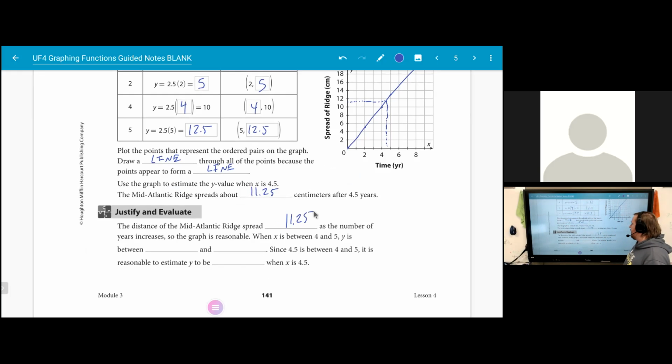Absolutely, it's reasonable because x is somewhere between 4 and 5, it's halfway in between. And that value is halfway in between the y values of those two. y is between 10 and 12 and a half. Since it's between 4 and 5, we're going to estimate about 11.25.